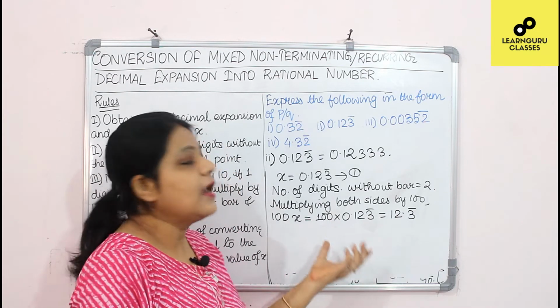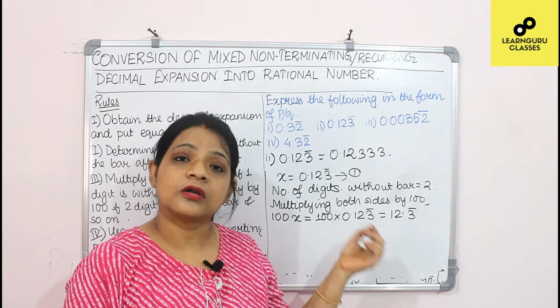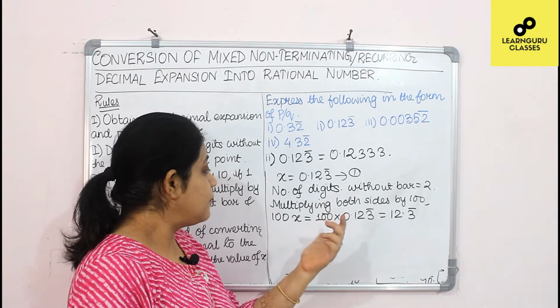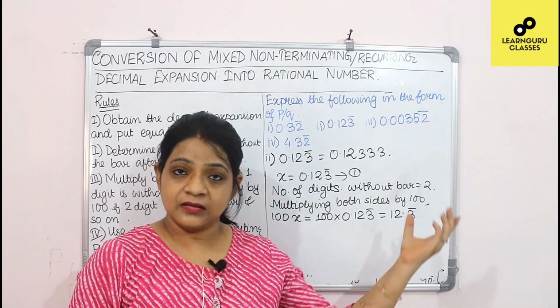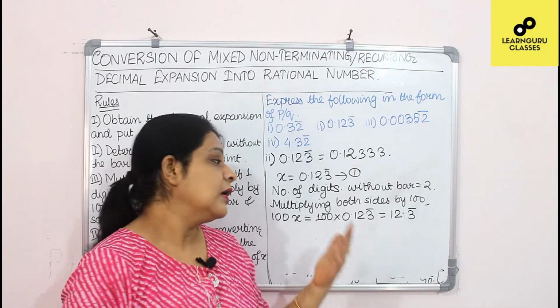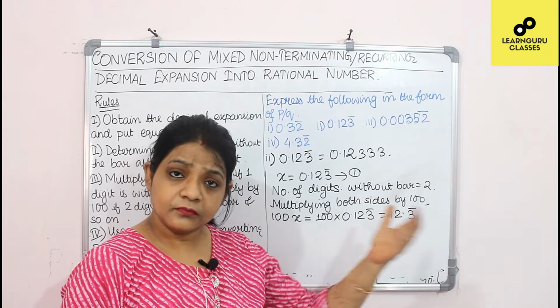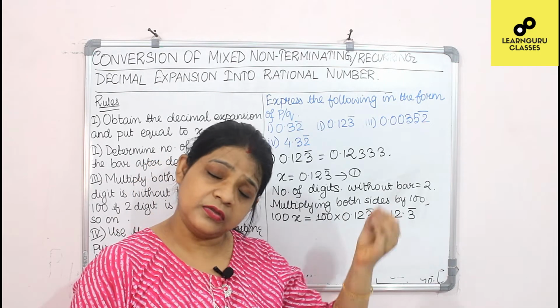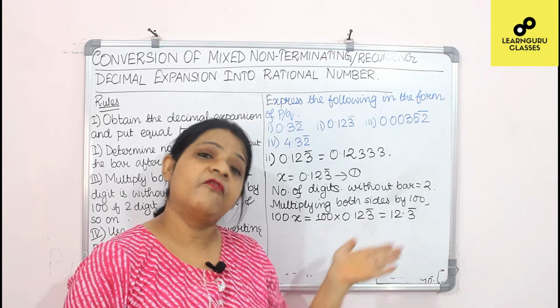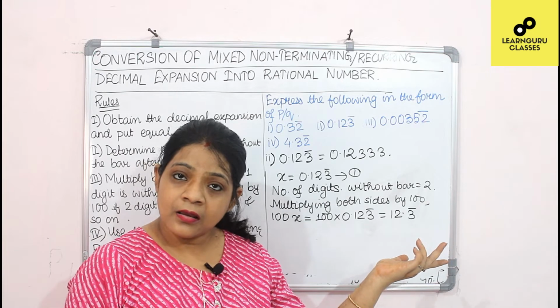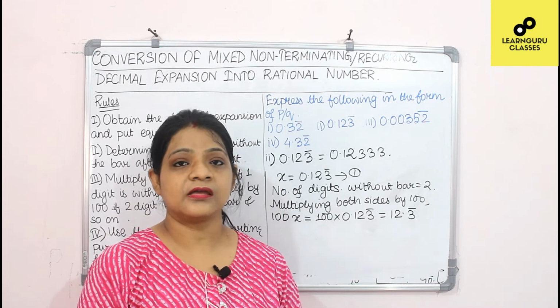The main objective of multiplying both sides by 100 or 10 is to shift the digits that are without the bar before the decimal point. Since 2 digits are without the bar, you will be multiplying it with 100.